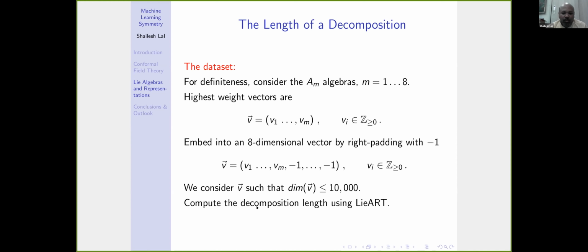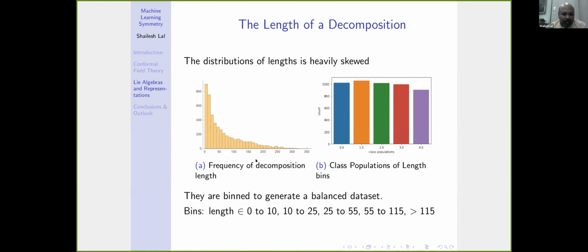And you can compute the decomposition length using a Mathematica package called Liart. And then you see that the distribution of lengths is actually heavily skewed. Most of the tensor products have a very short decomposition length, and some of them have really big ones.